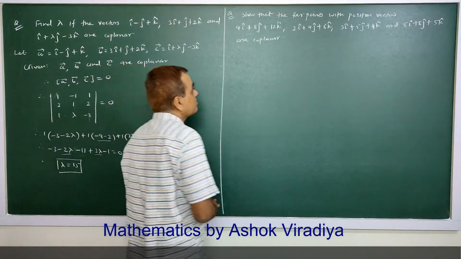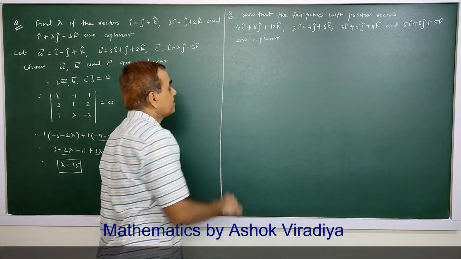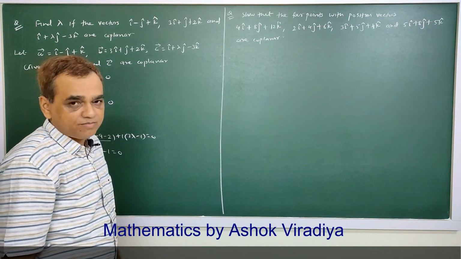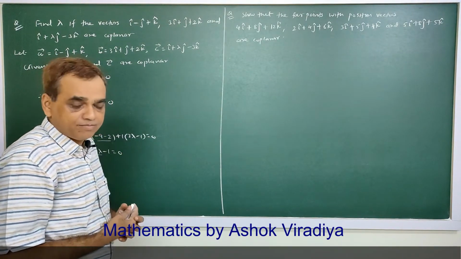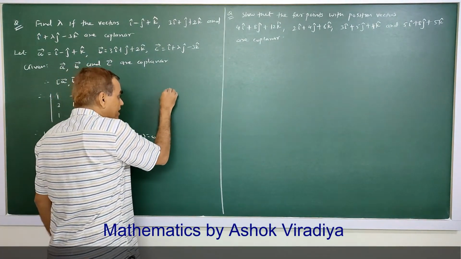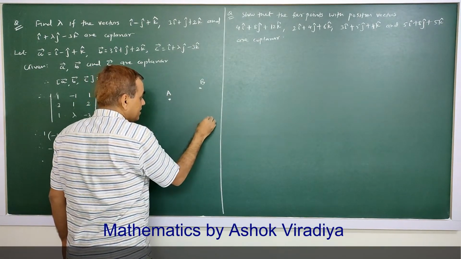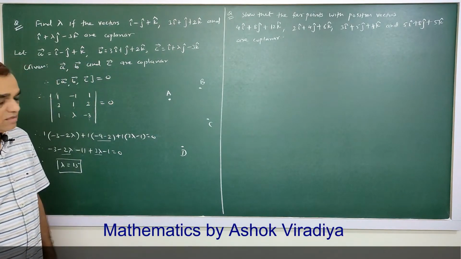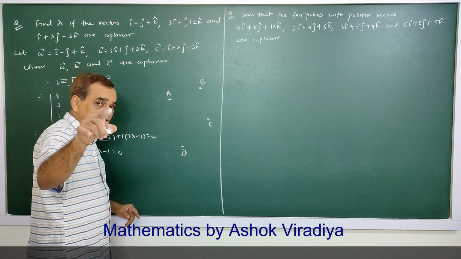We want to show that these 4 points are coplanar, that is, all 4 points lie in the same plane. To show that 4 points A, B, C, D are coplanar, what will we show?